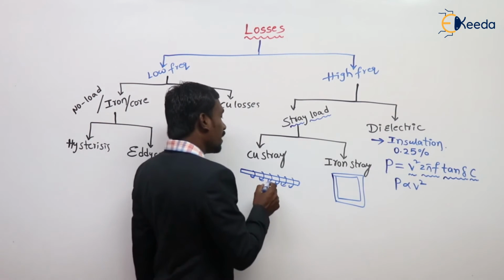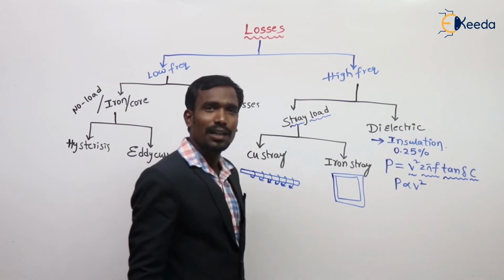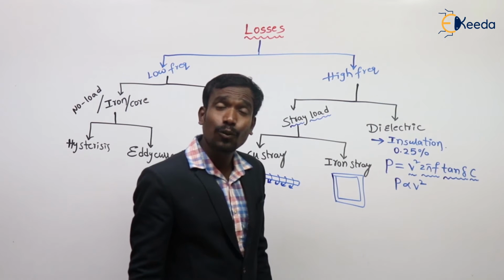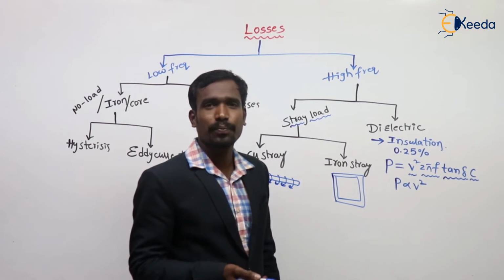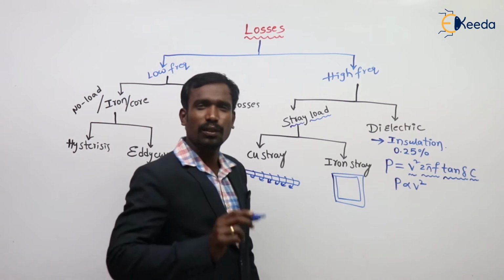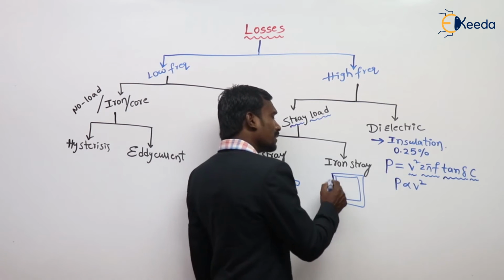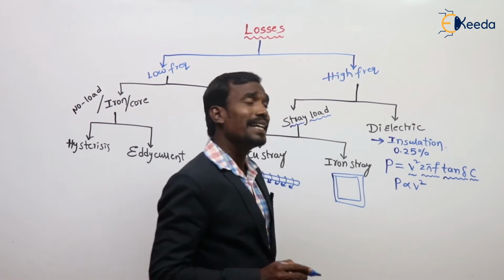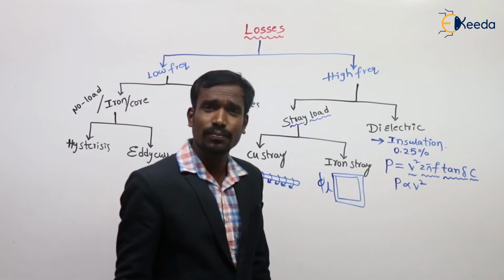These circulating currents are minimized by using insulation in between the strands. These are the copper stray load losses which occur in the winding. And iron stray load losses occur in the core due to leakage flux.